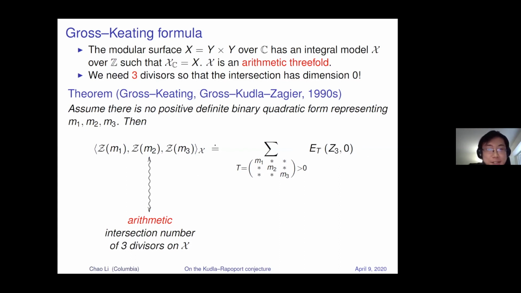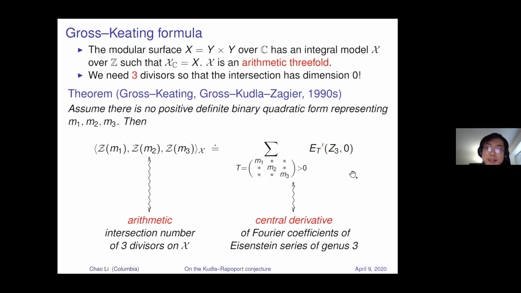But what Gross and Keating discovered is that, if the sign of the functional equation is -1, it's kind of interesting to take the central derivative, the first derivative at the central point, and miraculously, if you take the derivative and evaluate at s equal to 0, then it matches up always. A miracle identity between these 2 transcendental numbers. All right, any questions about the statement of Gross-Keating?